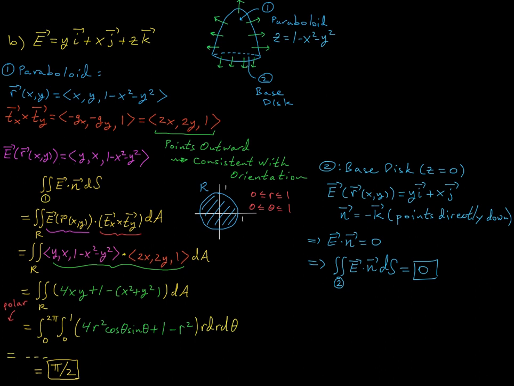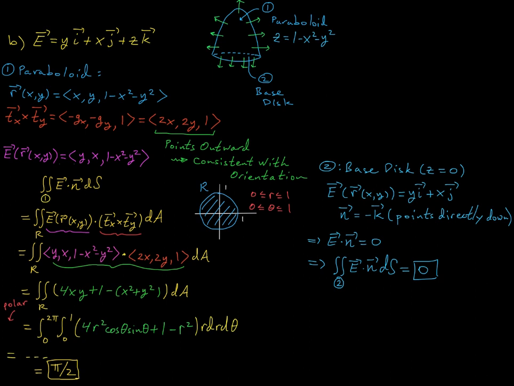Because it's pointing directly down and it has length 1. And since, right, our electric field has no k component, right, it lies parallel to the xy plane. If I dot that with n, that's just going to be 0 everywhere on the base disk. So in fact, this flux integral along the base disk is just 0.